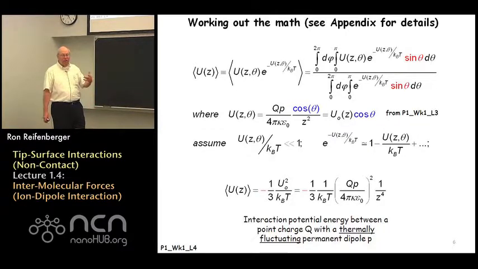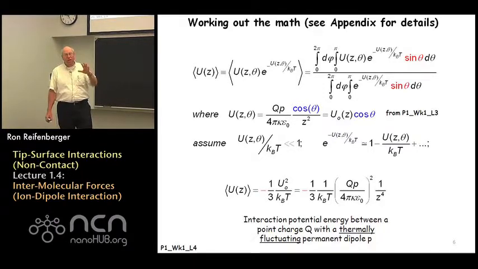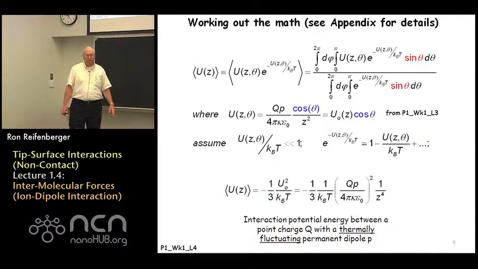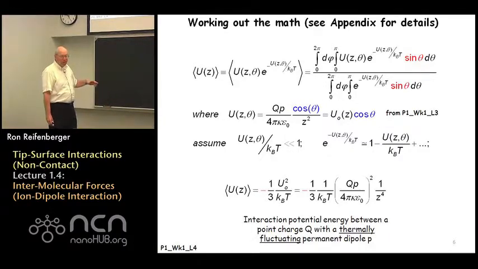You approximate it by a Taylor series expansion, and you can then just keep the first term in that Taylor series expansion. If you follow through all that arithmetic, please refer to the appendix. But when you follow all that through in a logical way, you'll end up with the last equation that's presented here.